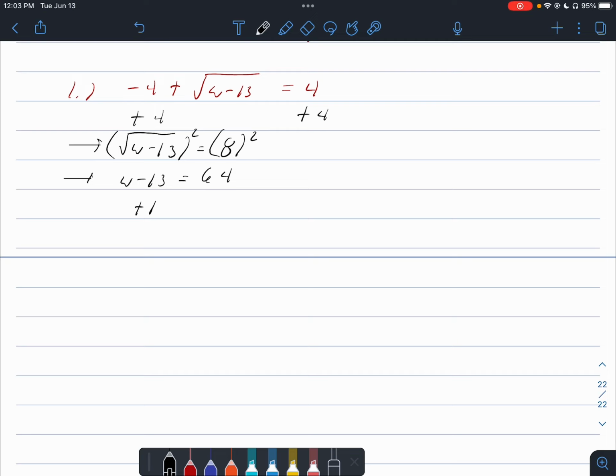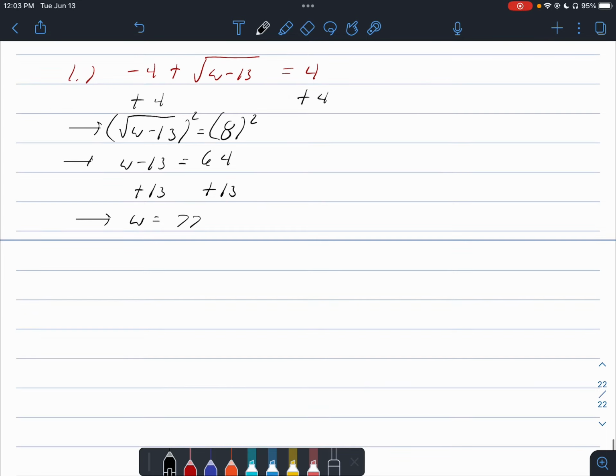We can add 13 to both sides of the equation, and this is going to give us that w is equal to 77. It's very important now that we take this and make sure this is actually the case.